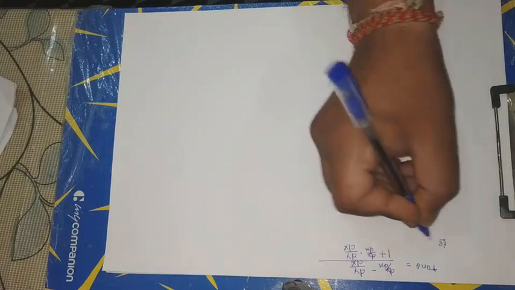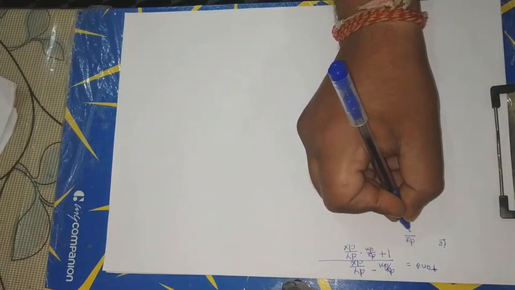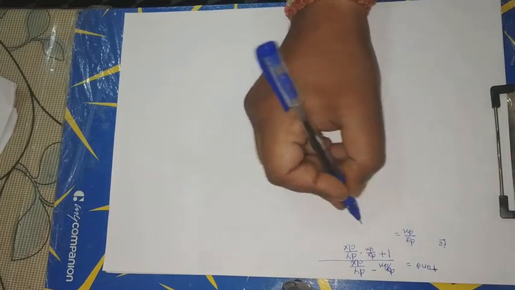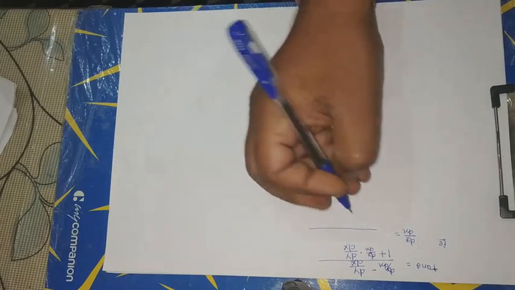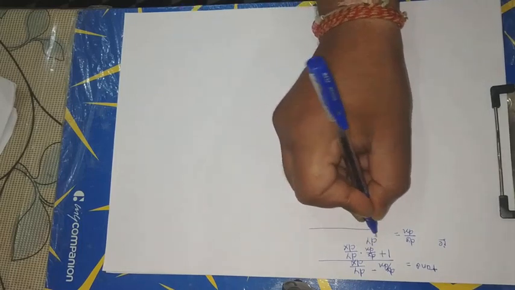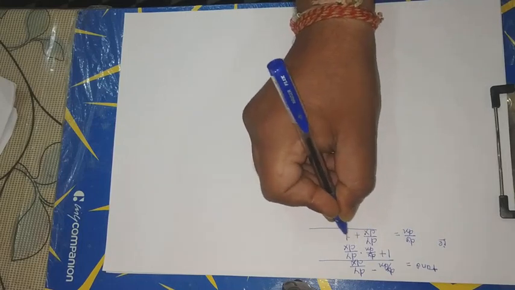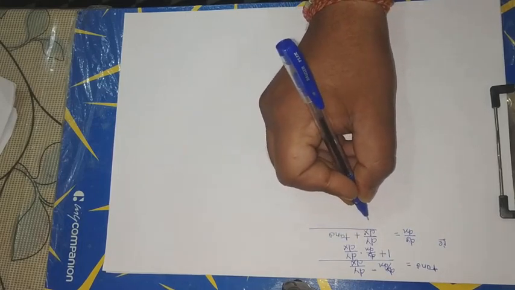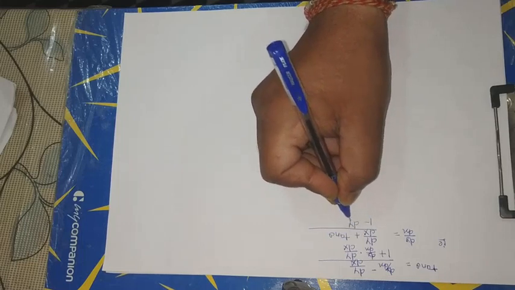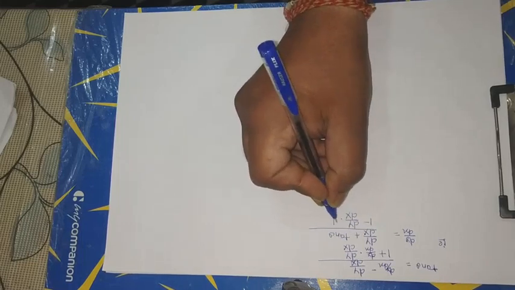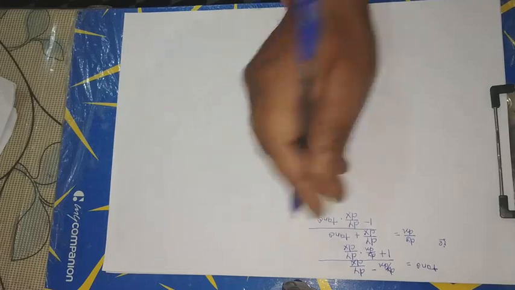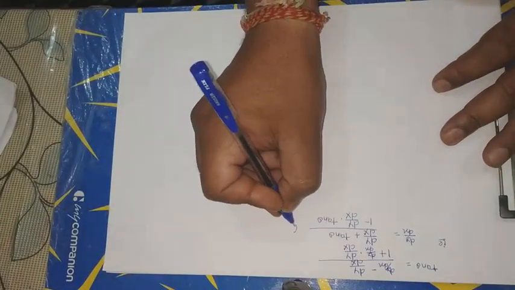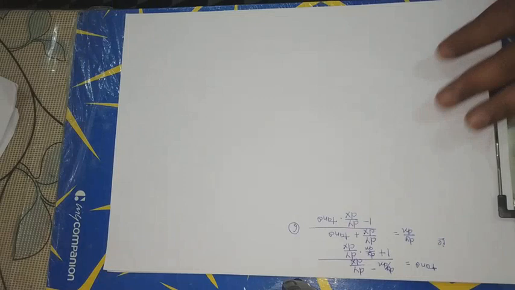Now by cross multiplying and solving, we get the value of small dy upon dx as capital dy upon dx plus tan theta upon 1 minus capital dy upon dx into tan theta. This is represented by equation number 6.